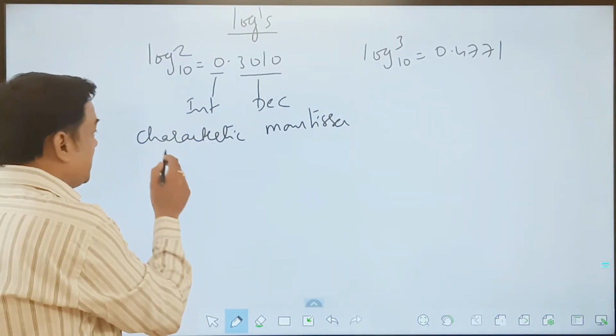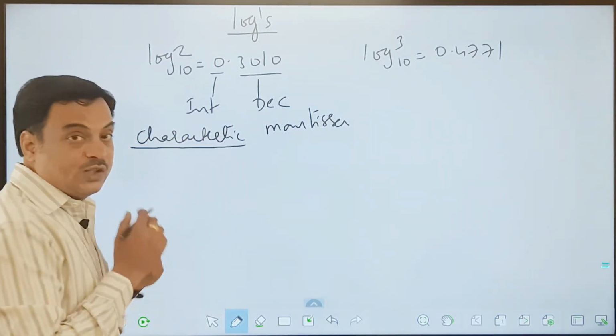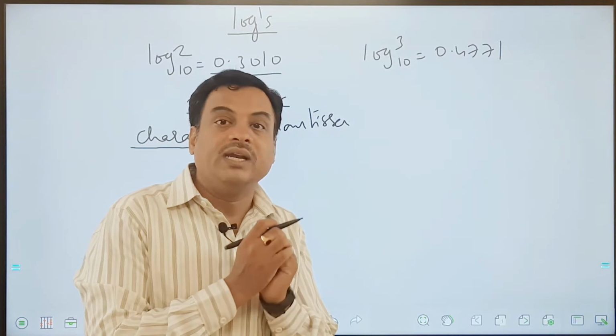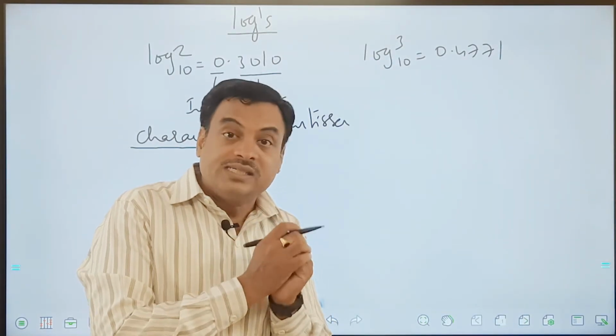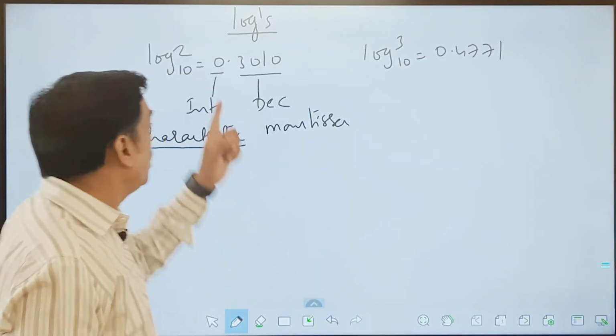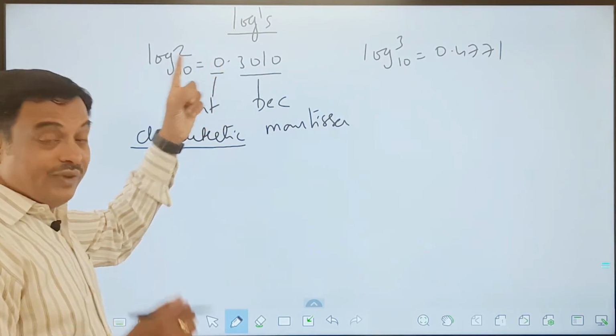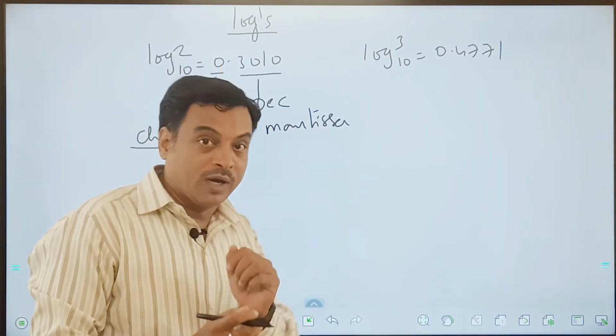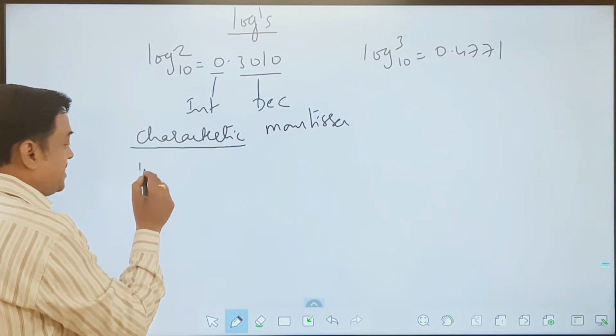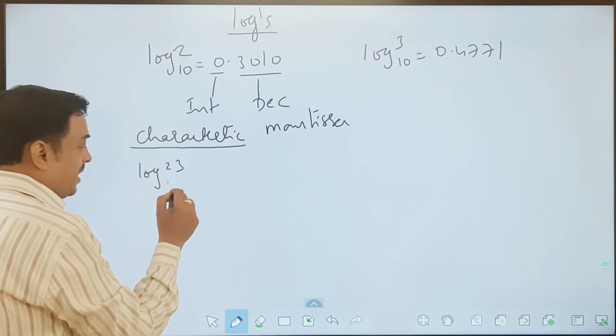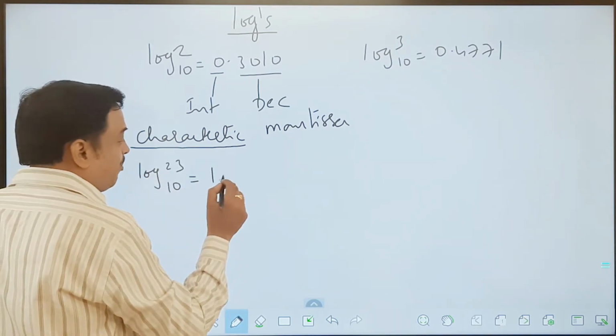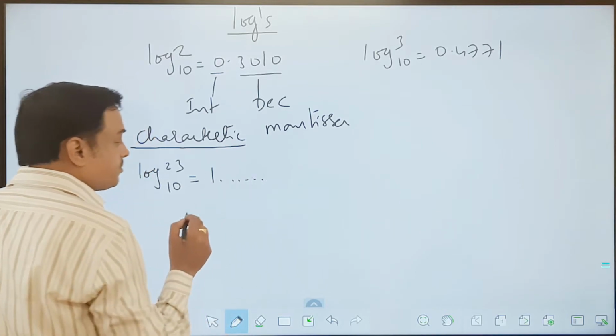Now, there is a significance of characteristic. This will play one important role in logarithms. How is the characteristic value defined, why did I get 0 here, and will it be 0 every time? Please observe: when I say log 23 base 10, this is going to be 1 point some mantissa value.